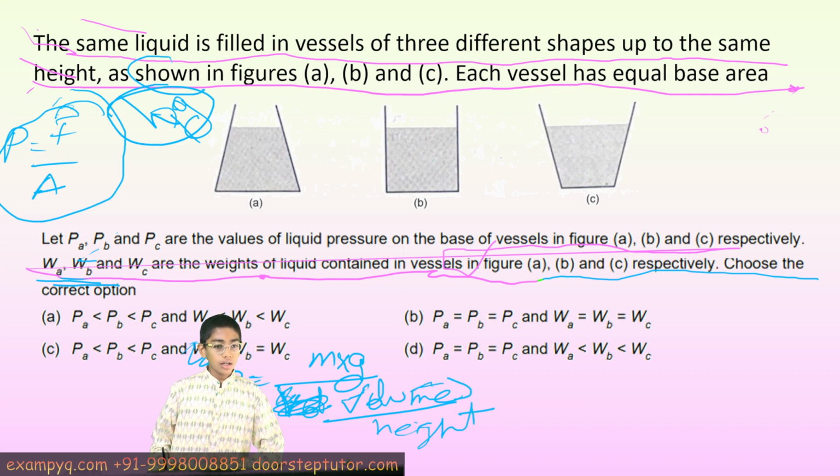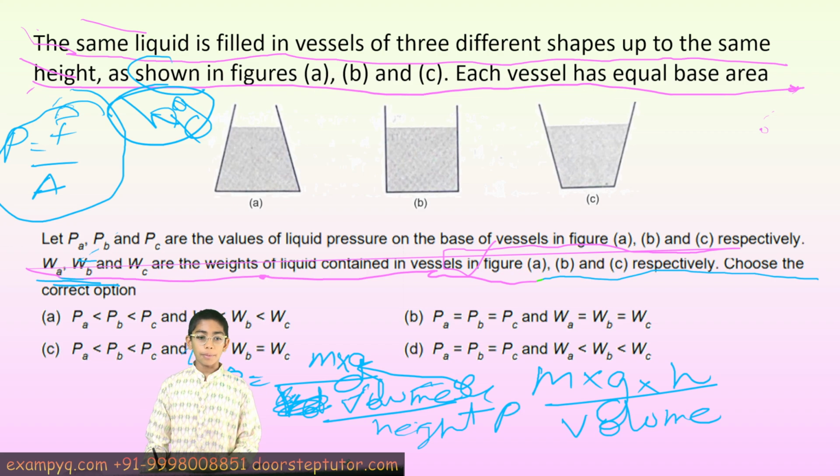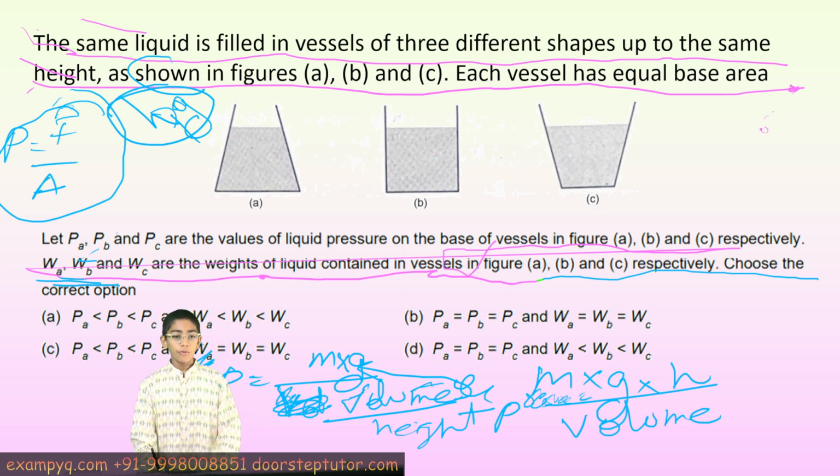So here we get mass into gravity into height upon volume as the formula for pressure.